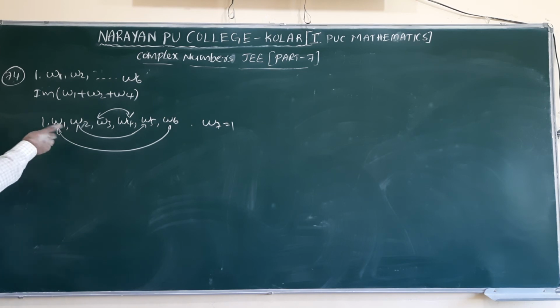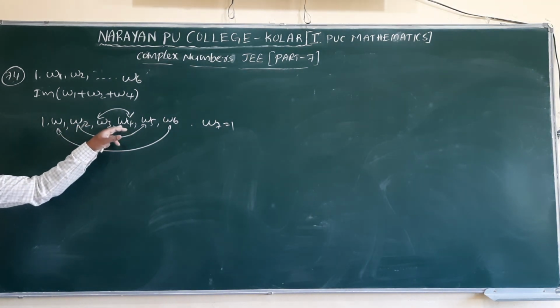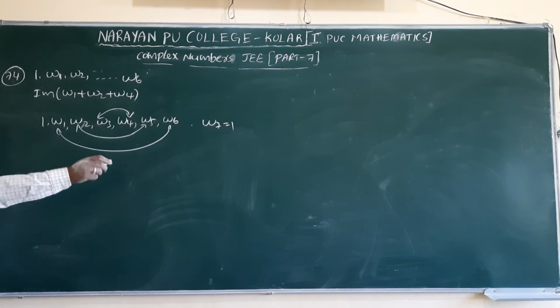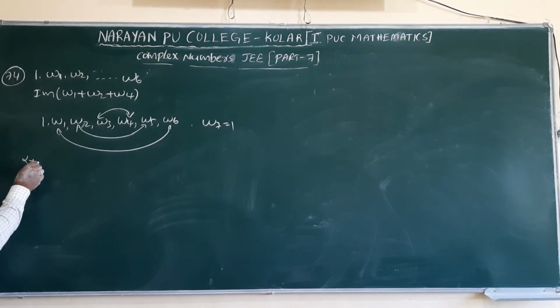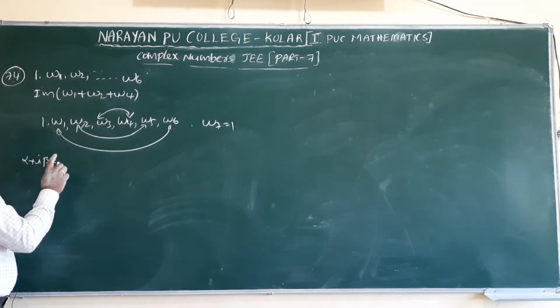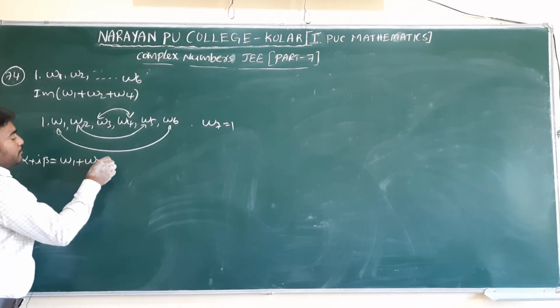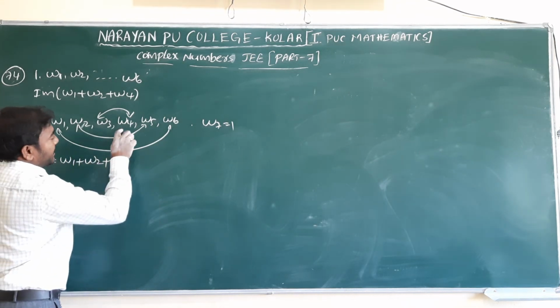Now we have to find the imaginary part of omega 1 plus omega 2 plus omega 4. Let alpha plus I beta be equal to the sum omega 1 plus omega 2 plus omega 4.